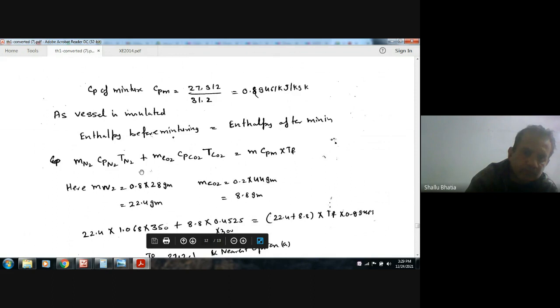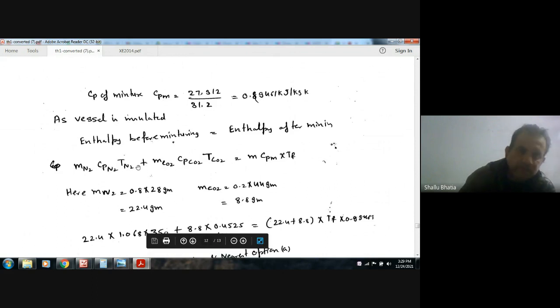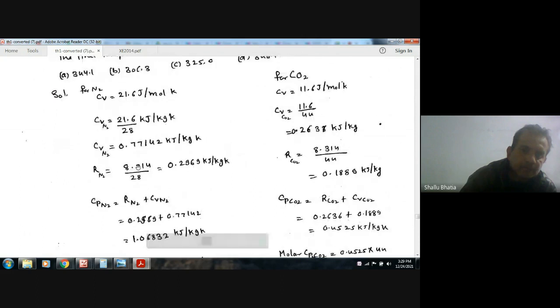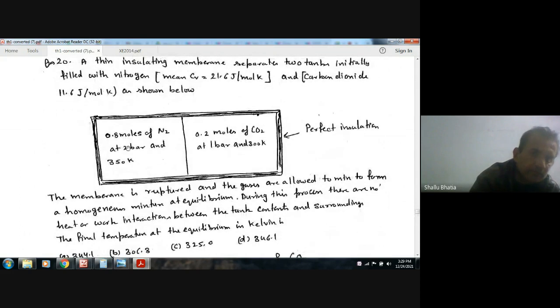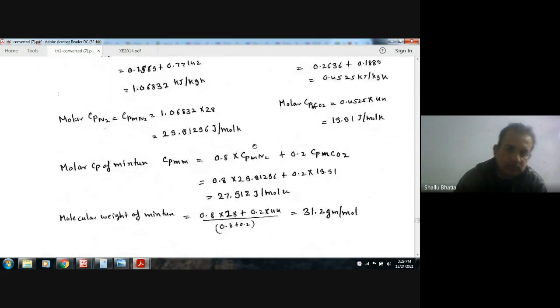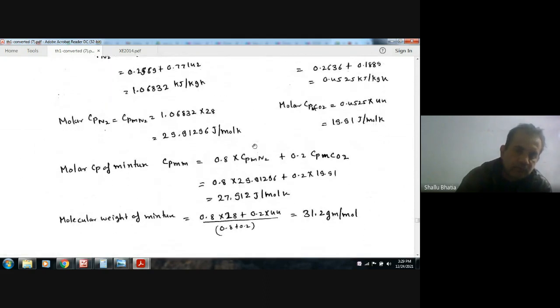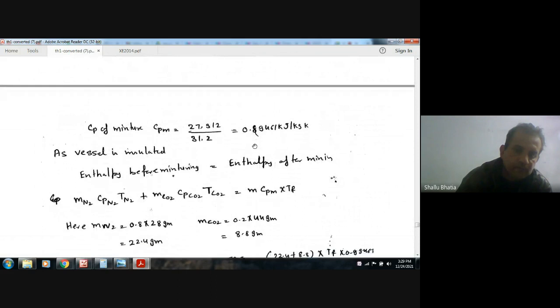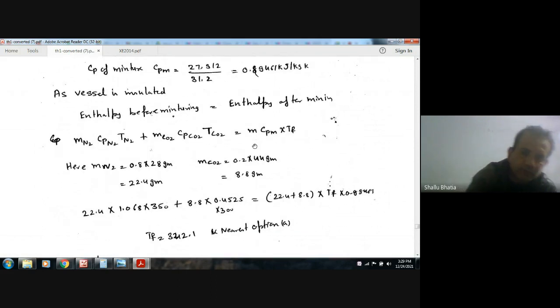Now we have this mass of N2 and CO2, and TN2 is nothing but 350 and TCO2 is 300.